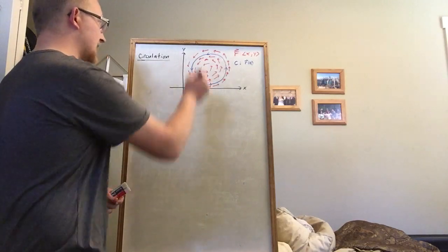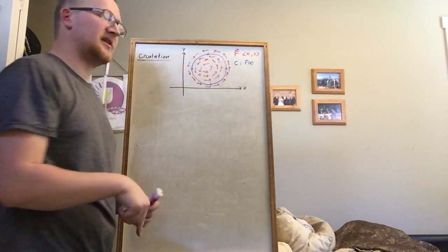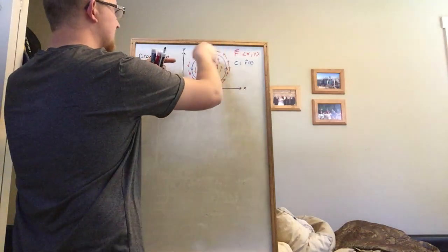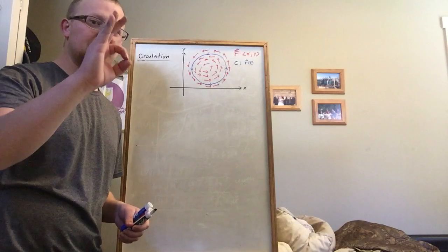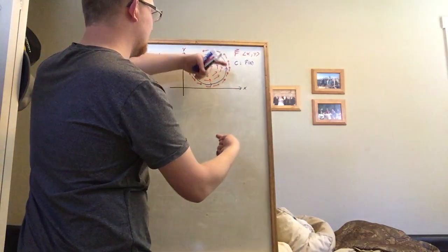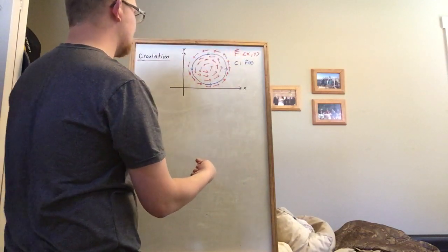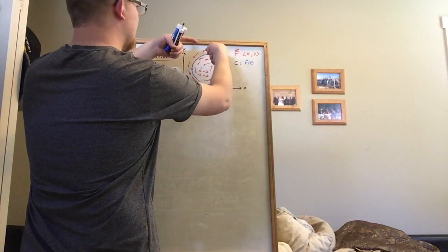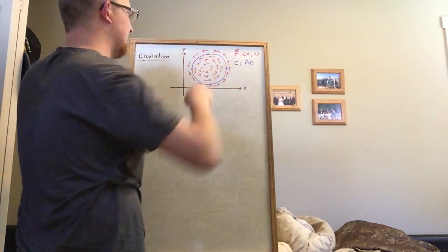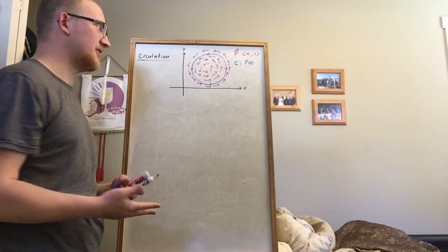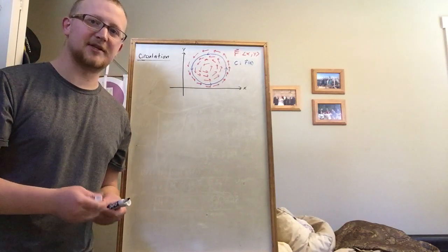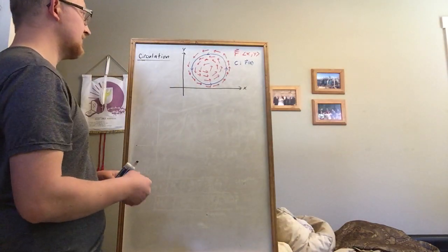For example, if my vector field all pointed from left to right with no angles to it, the circulation would be zero, because as this curve goes this way, it's fighting the field. As this curve goes this way, it's getting help from the vector field, and at the perpendicular, nothing as far as circulation is occurring with the vector field.